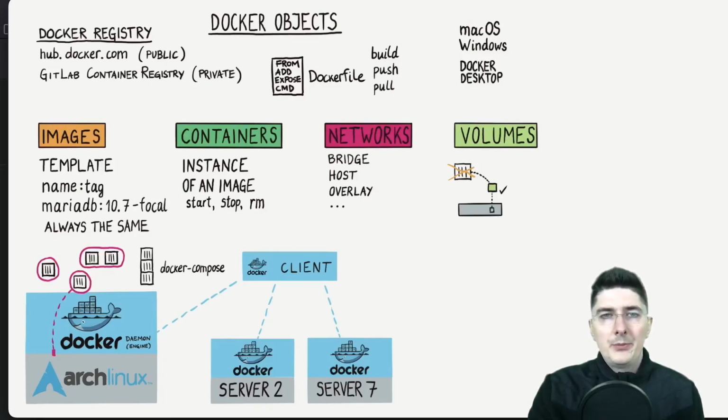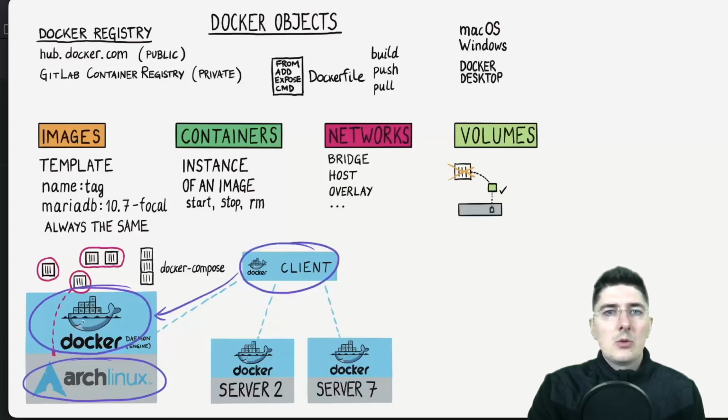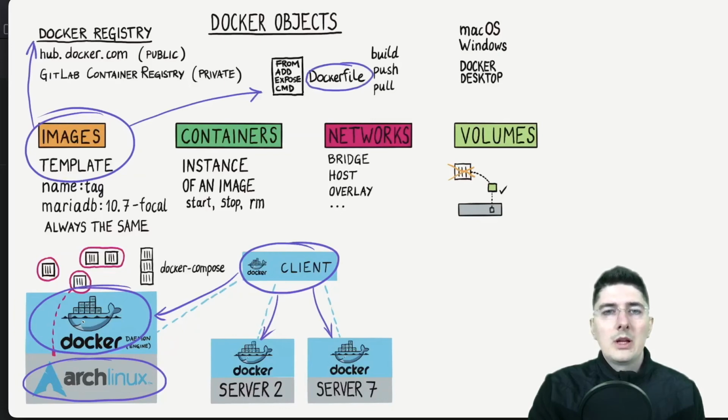To recap, the Docker daemon or engine is running on the server where you wish to deploy your containers. The Docker client sends commands to the daemon. Docker images are templates from which you create containers. You can get those from a Docker registry or by building your own with the help of the Dockerfile. Containers are instances of an image and you define how they will run.